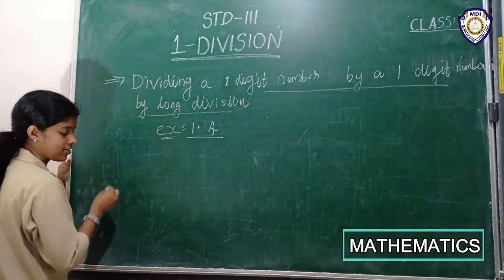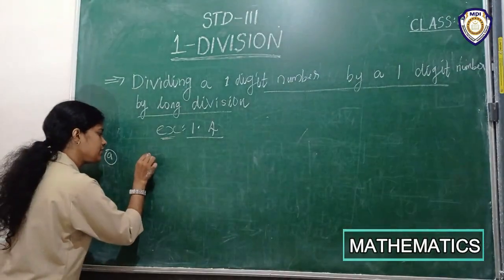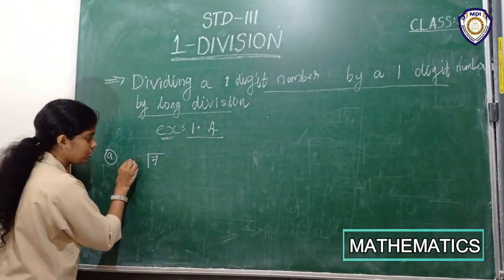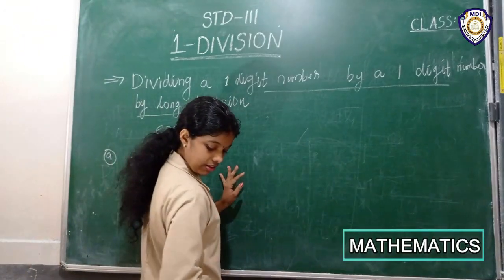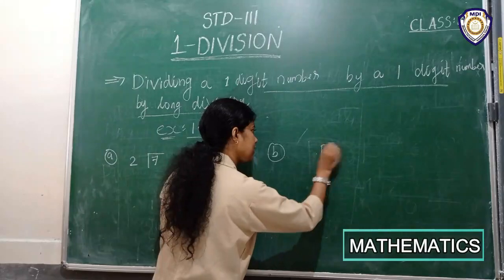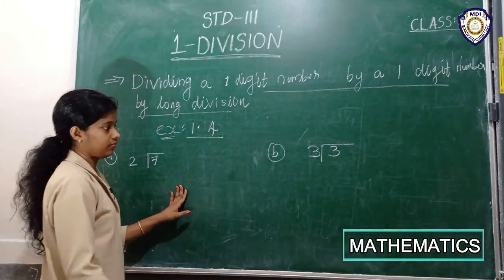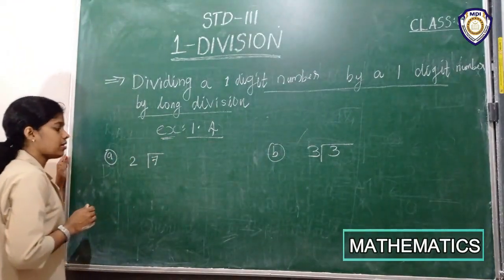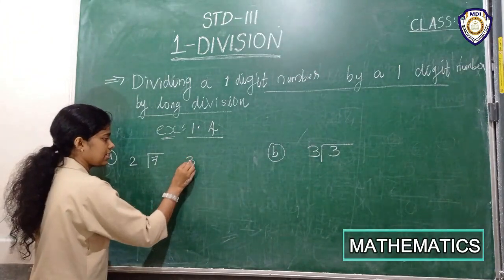Divide and fill in the blanks. A, 7 divided by 2. In the table of 2, 1 two is 2, 2 twos are 4, 3 twos are 6.